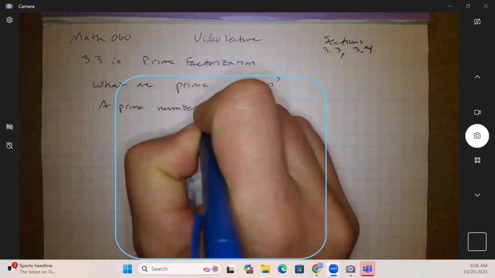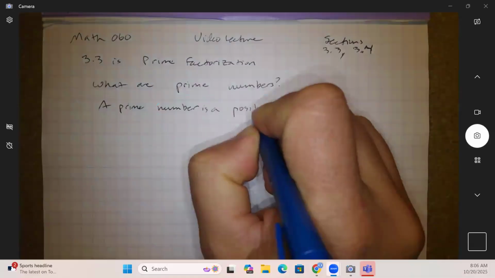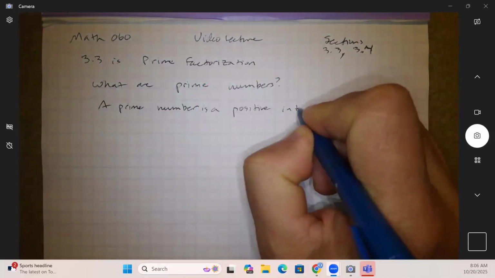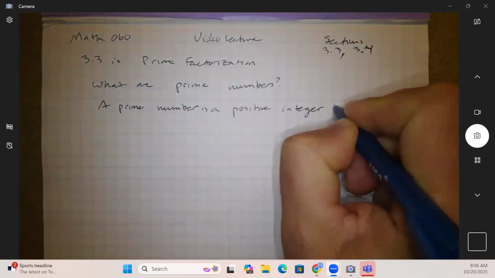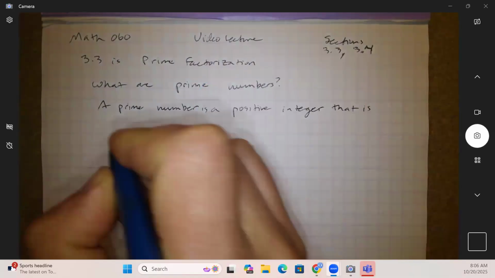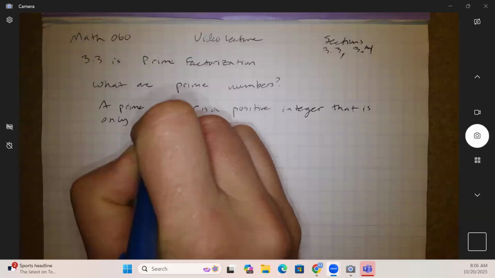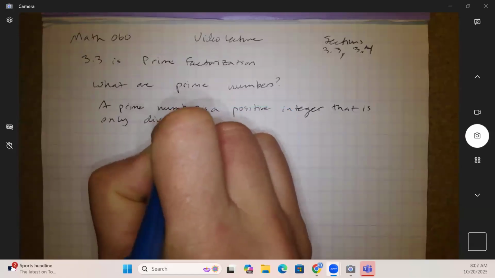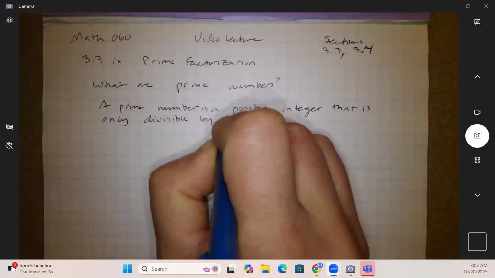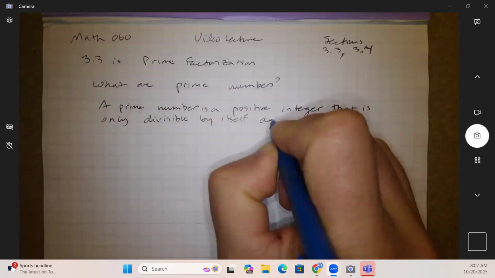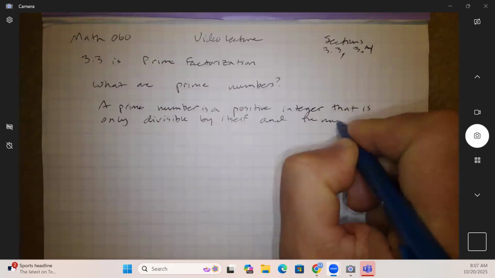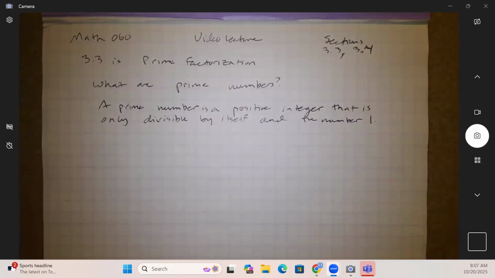A prime number is a positive integer that is only divisible by itself and the number 1. Now, technically, when I say divisible, you can always divide a number. You just might not get a whole number as a result. So when I say divisible, that means you can divide it and you end up with a whole number.